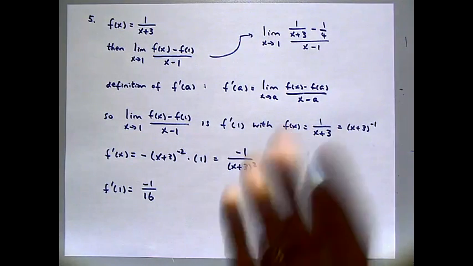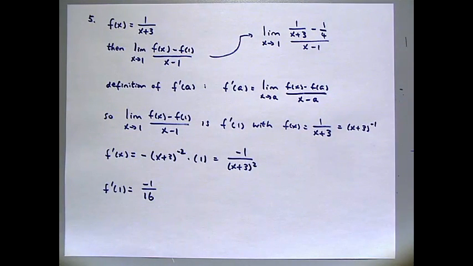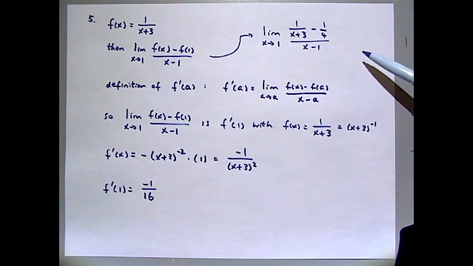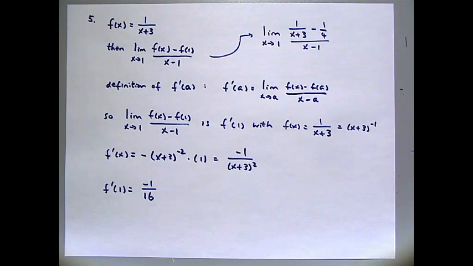And then you can simplify and try to make things work, canceling and factoring and all that. We'll use L'Hopital's rule, treat it like a limit problem. That's another way you could do it. That's probably not as fast as this.